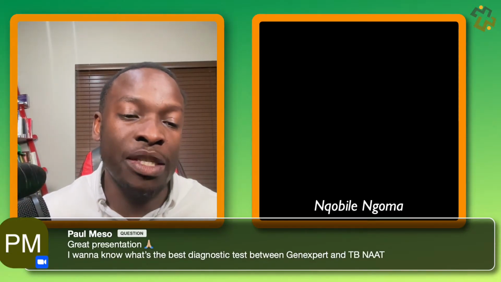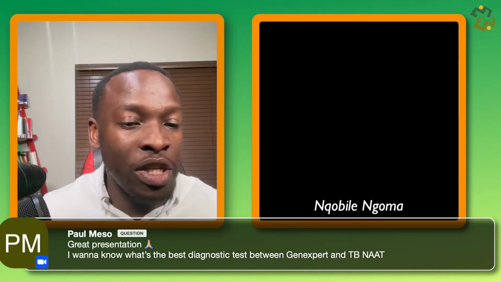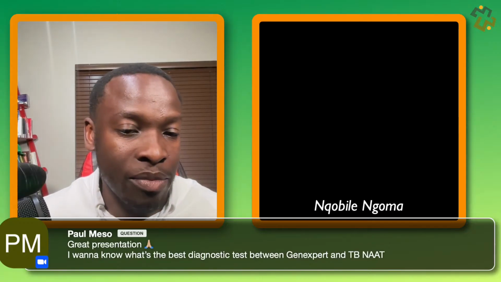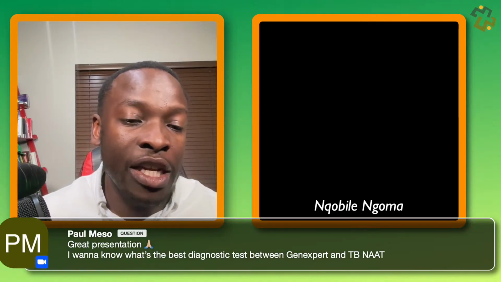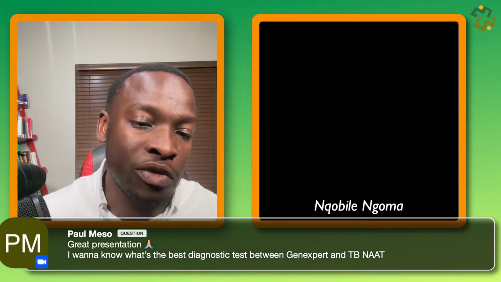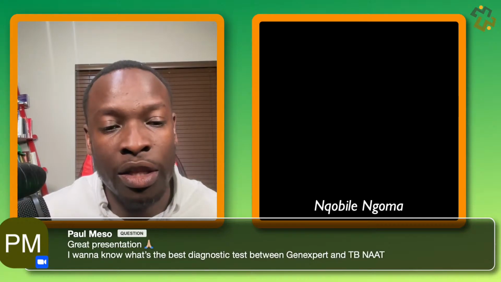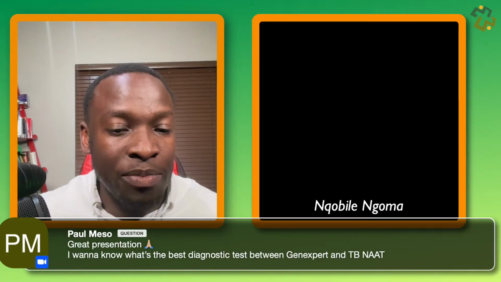In South Africa, just to clarify as well, it's only the GeneXpert machine which has been approved to process pulmonary and non-pulmonary specimens. The other two machines are only approved for pulmonary specimens. So if you want to do, for example, TB in the stool or TB in urine, the lab will probably process using a GeneXpert machine.